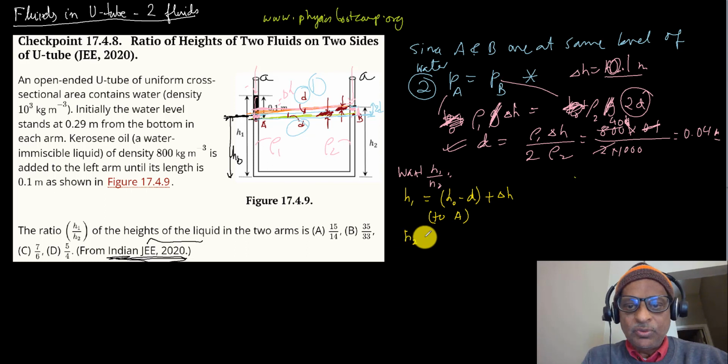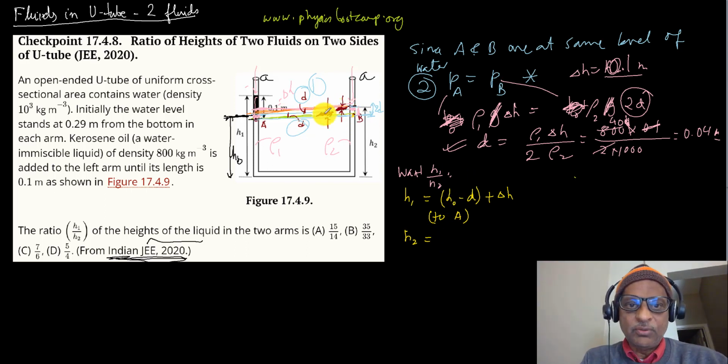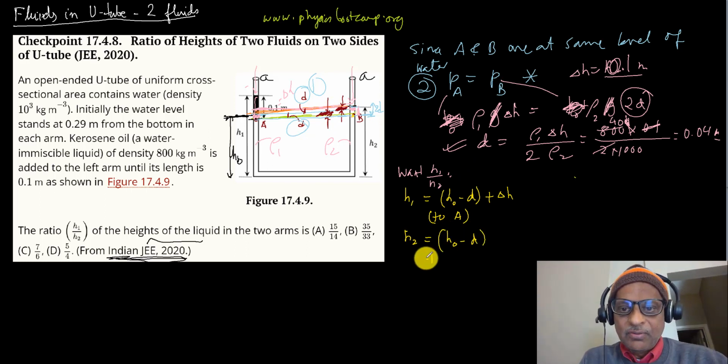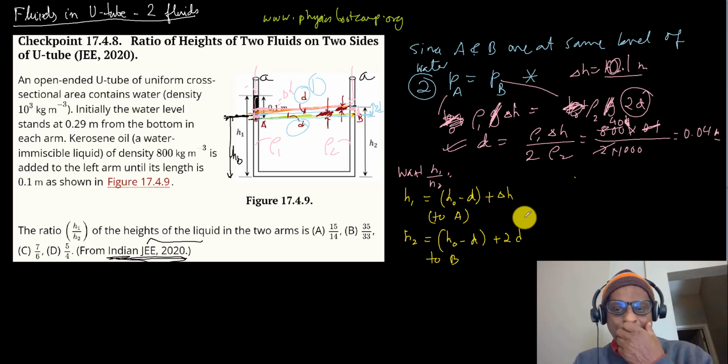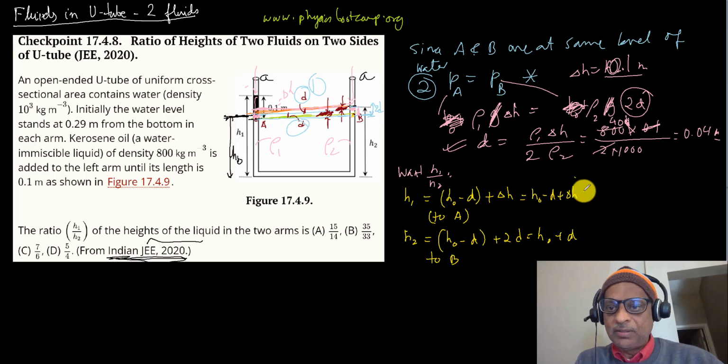And H2 is going to be, I go to B and add 2D to that, or H0 minus D, so I go to B and add 2D to it. So it's basically H0 plus D. And this is H0 minus D plus delta H.